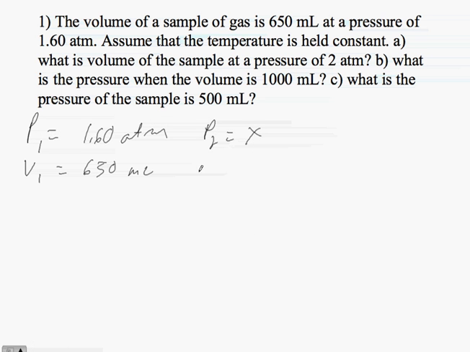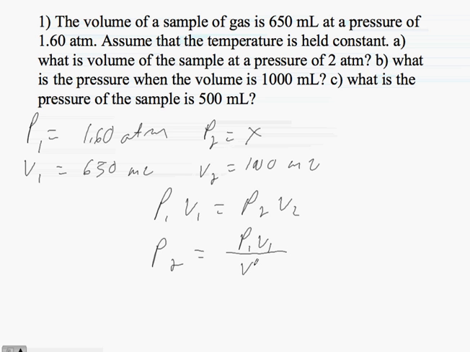It says, what is the pressure when our volume 2 is equal to 1,000 milliliters? So again, we have P1 V1 is equal to P2 V2. If we solve the equation for P2, we're going to have P1 V1 divided by V2, which would be equal to 1.6 times 650 divided by 1,000, which would give us an answer of 1.04 atmospheres.